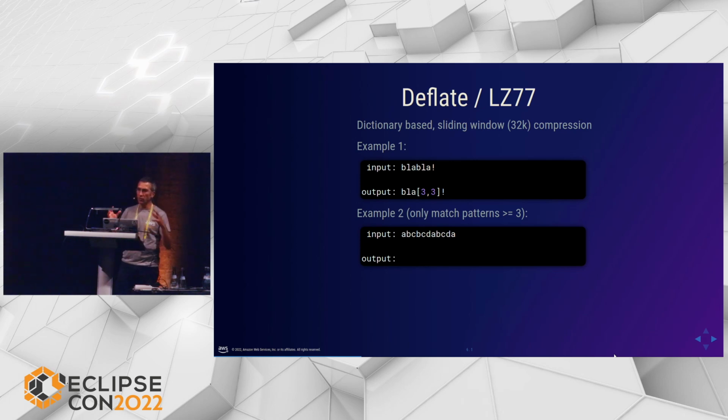But as you can imagine, storing this back reference and length is a little bit more expensive than storing just a single character. That's why it doesn't make sense to store patterns which are smaller than 3. So Deflate only stores back references to patterns which are bigger than 3.